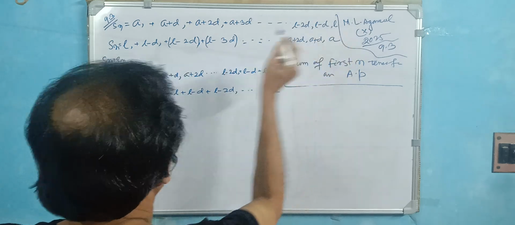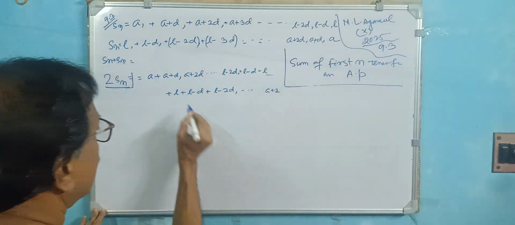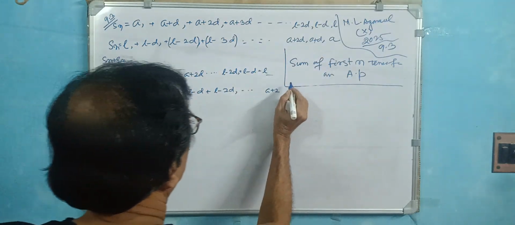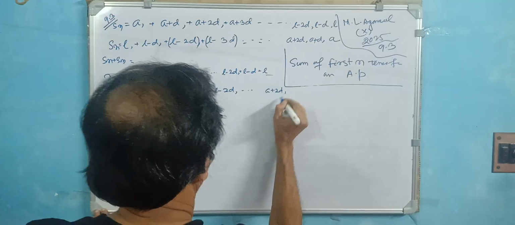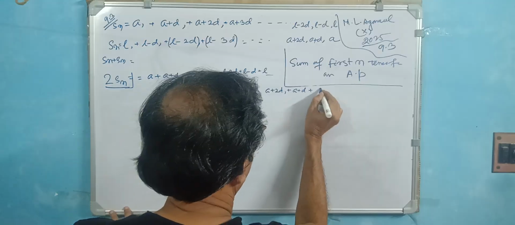Now from this, A plus D, A plus 2D, and from the other side L minus D, L minus 2D, up to plus A plus D plus A. This is a total.